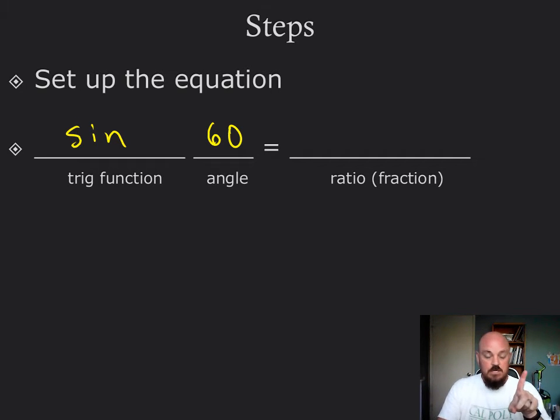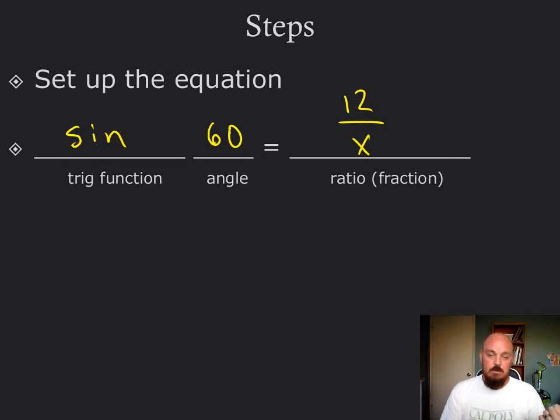Now, one of them you're going to know, and one of them is going to be the thing that you're trying to find, probably x. So it might look something like this, maybe 12 over x. That's how you set up the equation. You write the trig function first. The angle always comes after the trig function, and then that equals your ratio.